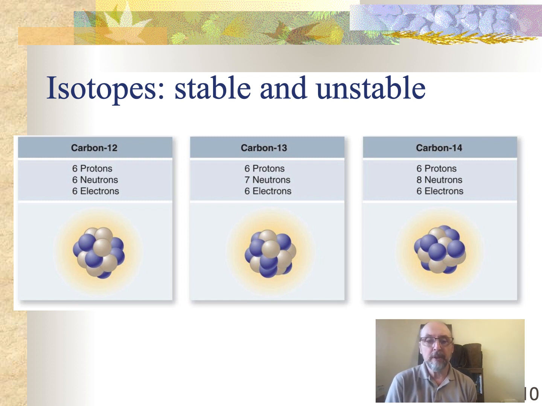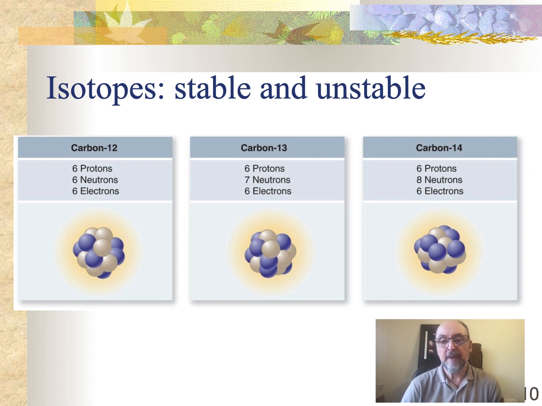They're all carbon, they all form the same types of chemical bonds, but some isotopes are very stable, like carbon 12. Others are unstable, like carbon 13. Carbon 13 is unstable, and after a while, it may give off a particle where it can revert to nitrogen, and that is a unique feature of it.